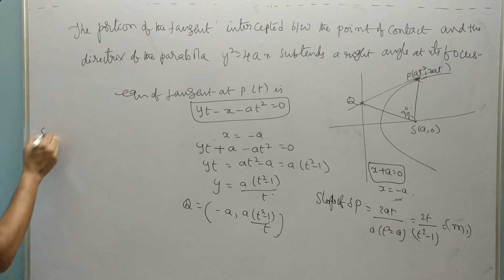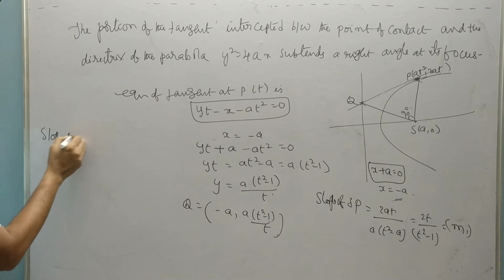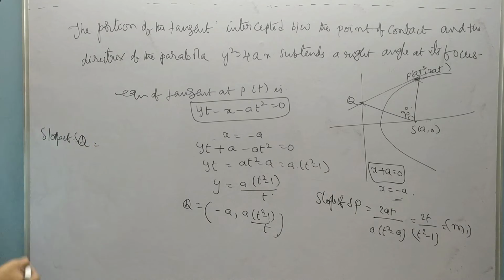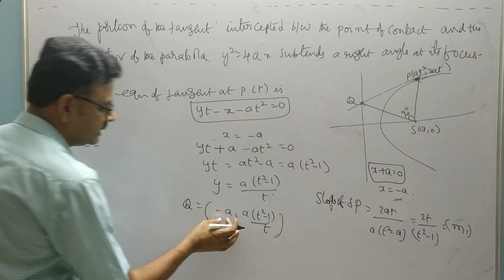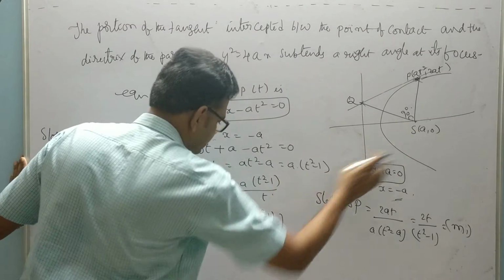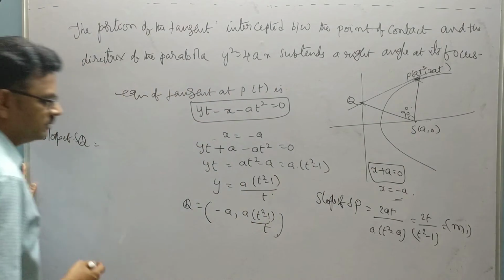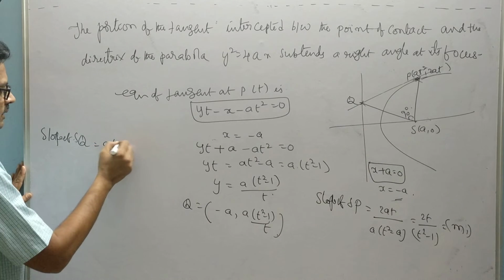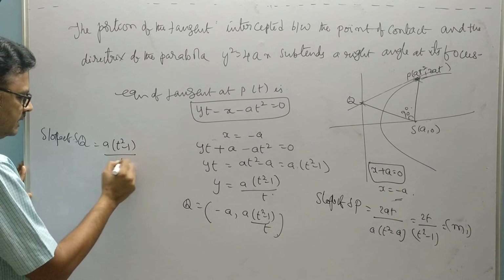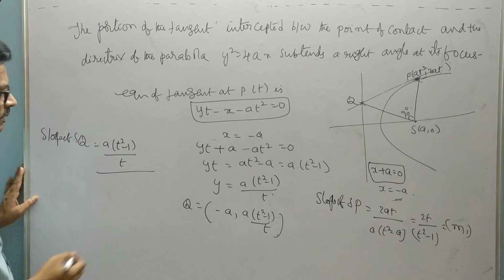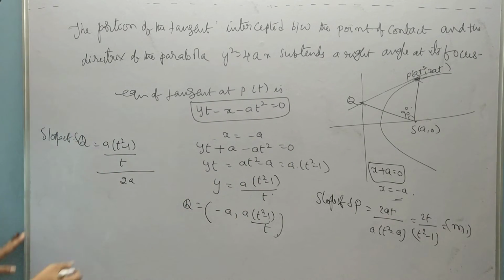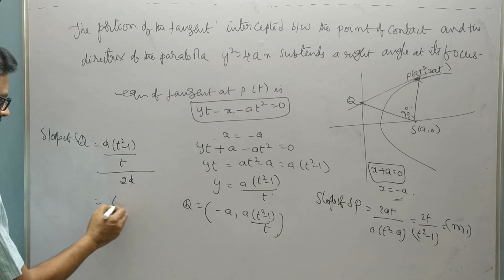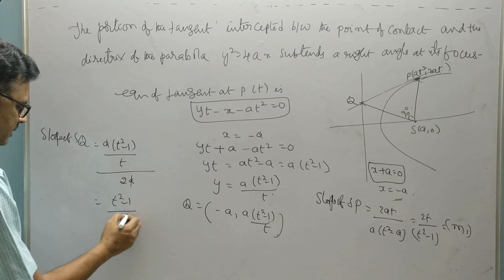Likewise, slope of SQ is y2 minus y1 by x2 minus x1. So this is a into t square minus 1 by t minus 0, by minus a minus a, which is minus 2a. So this gets cancelled, and it is minus of t square minus 1 by 2t.